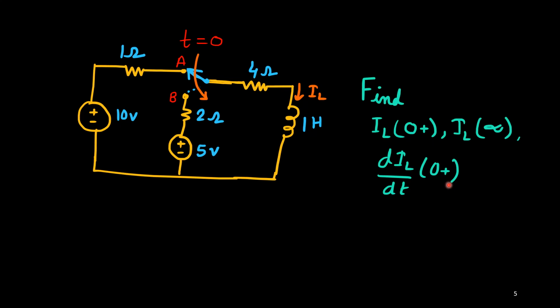So these three quantities we want to find out, but again I'm saying that we'll not develop any transient equations, all those things. Just from basic concept we'll try to find the answer. Okay, let us start.